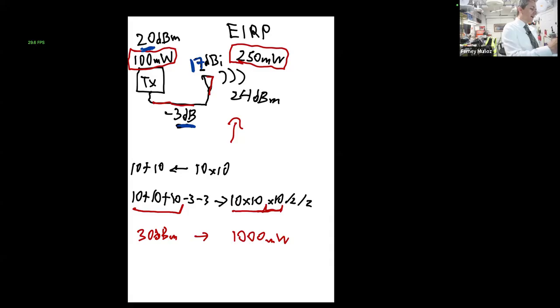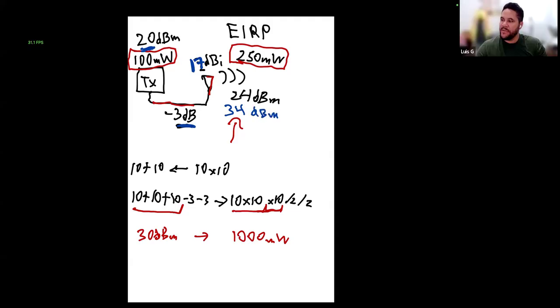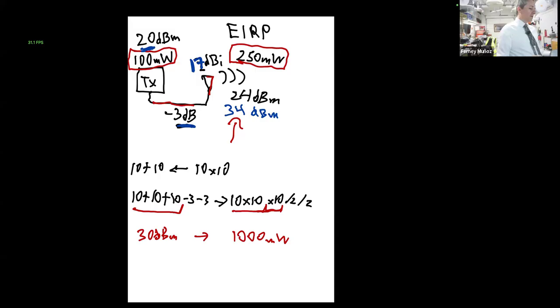And then you add the 17 dBi gain antenna. What is the EIRP now? 34. 34 dBm. But that's beyond regulation. How many milliwatts is that? How many milliwatts is 34 dBm?